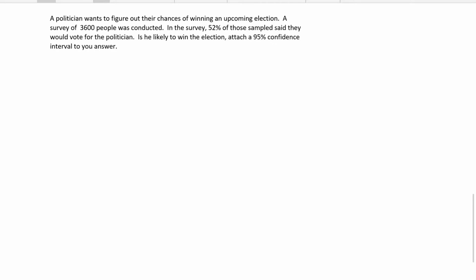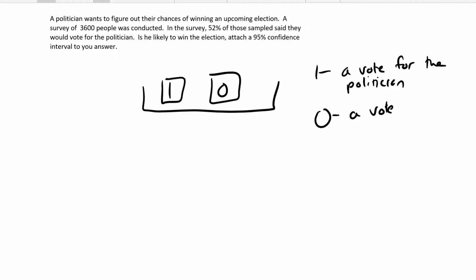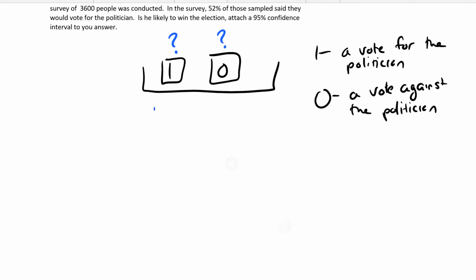Now this is an example where we have the sample, but we do not have the box. So if 1 represents a vote for the politician and 0 a vote against the politician, we do not know how many 1s and how many 0s are in the box, being the population.